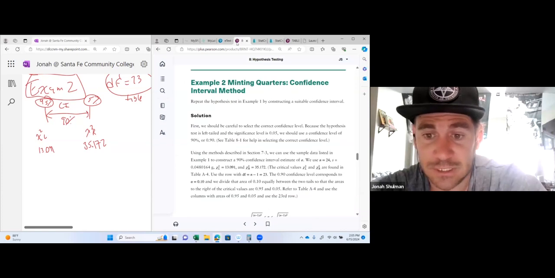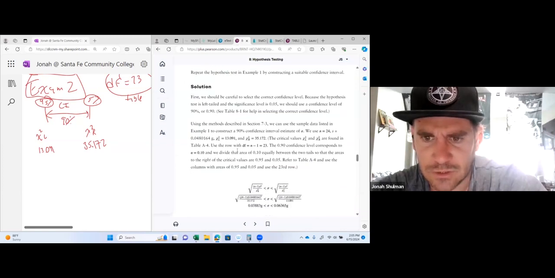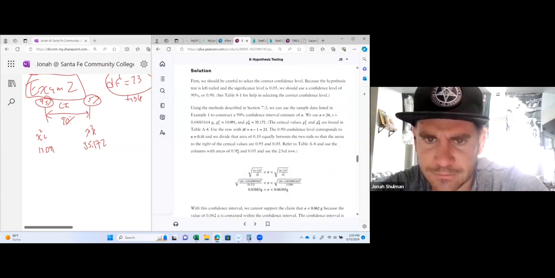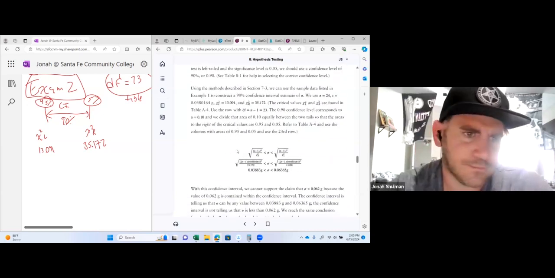We want to be 90% confident falls within this range. So all I'm going to do is use the formula. Here's the formula.